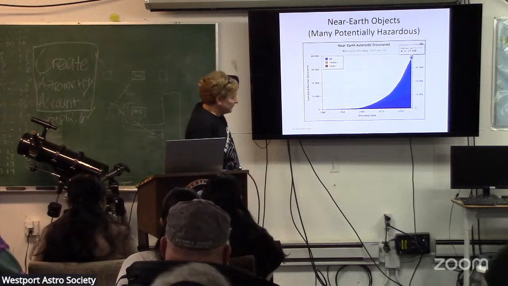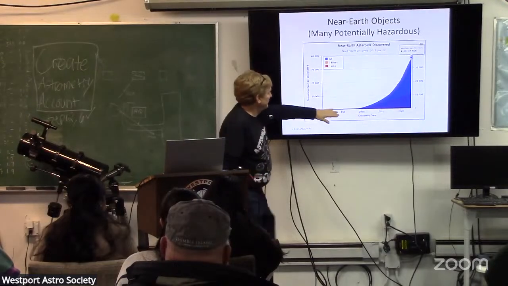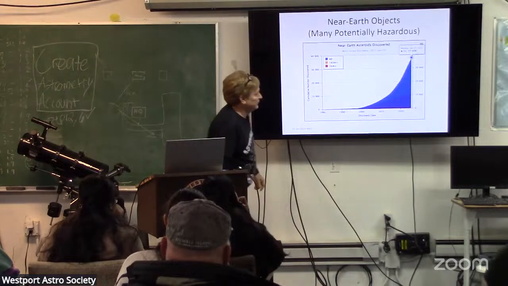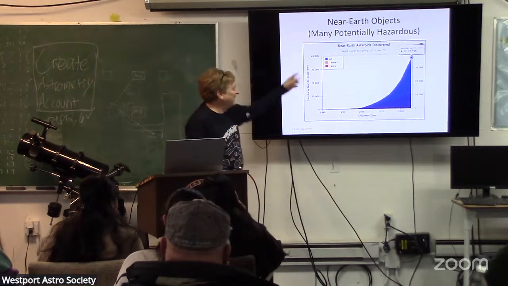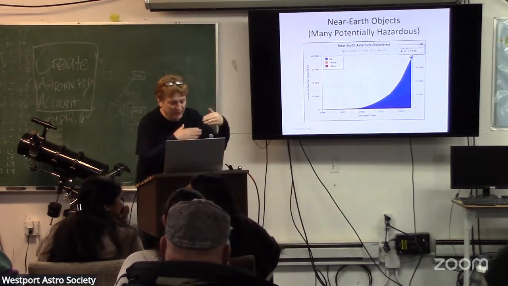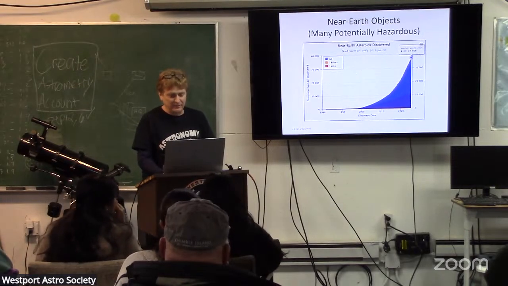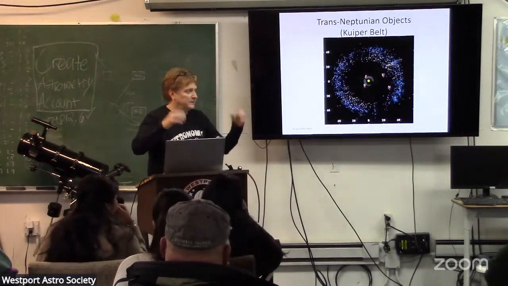And if you get bigger than that, it could be a little worse. Most of the 1 kilometer ones, we think we found most of those. Just don't look up, I guess. We're working on the ones that are sub-kilometer, and most of the recent ones are actually kind of small, the things that make the fireballs that you see.